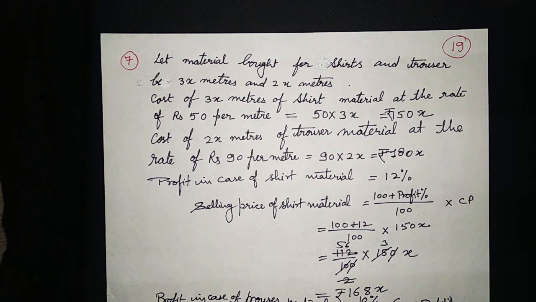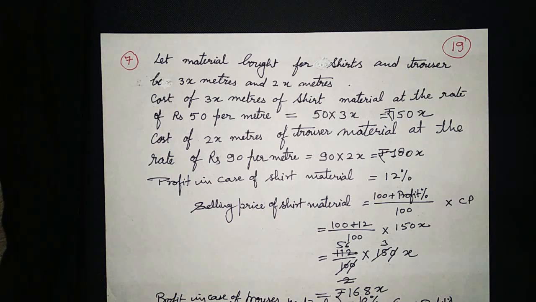For every 3 meters of shirt material, he buys 2 meters of trouser material. He sells the materials at 12% and 10% profit respectively. His total sale is ₹36,660.